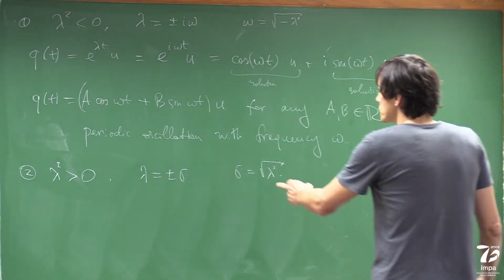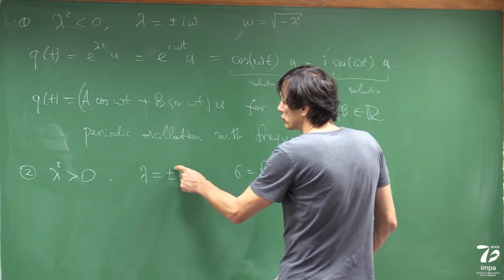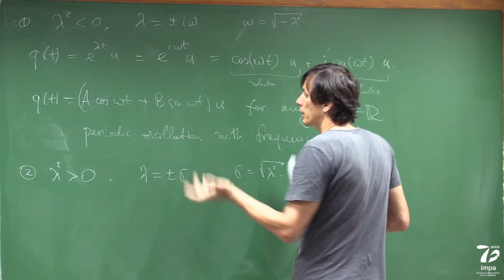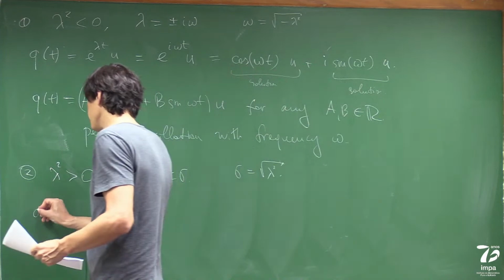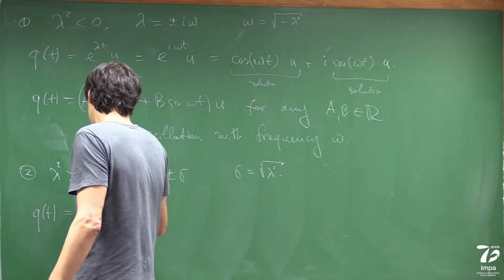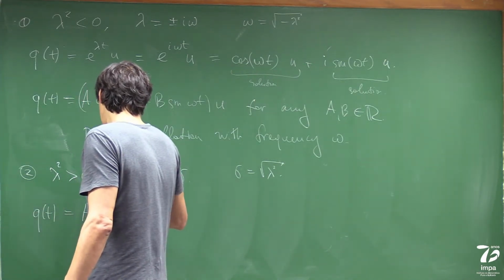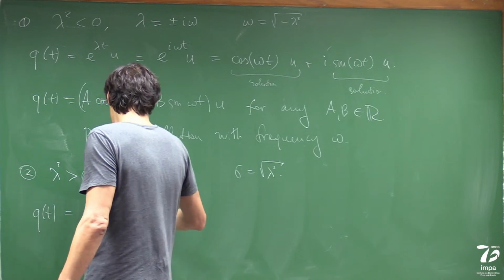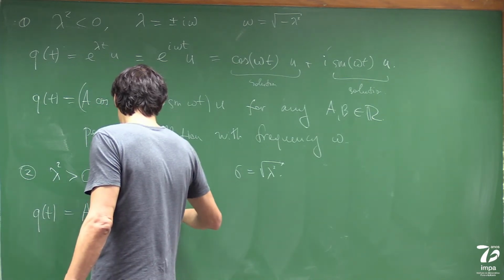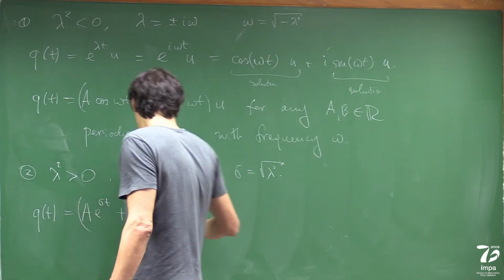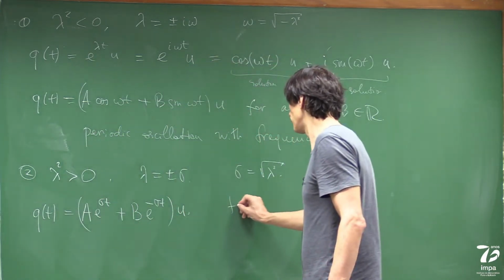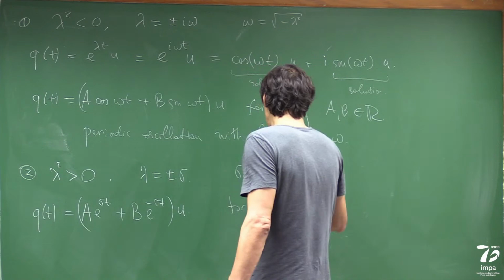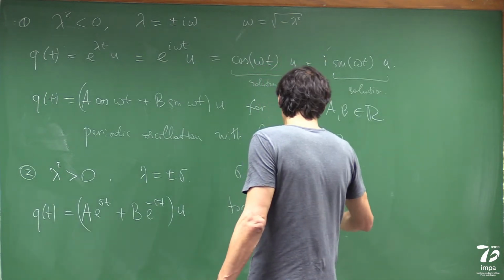But we have two options, so we already have two solutions, one with plus and another with minus. We can take a linear combination, and it's still a solution, for any A and B.